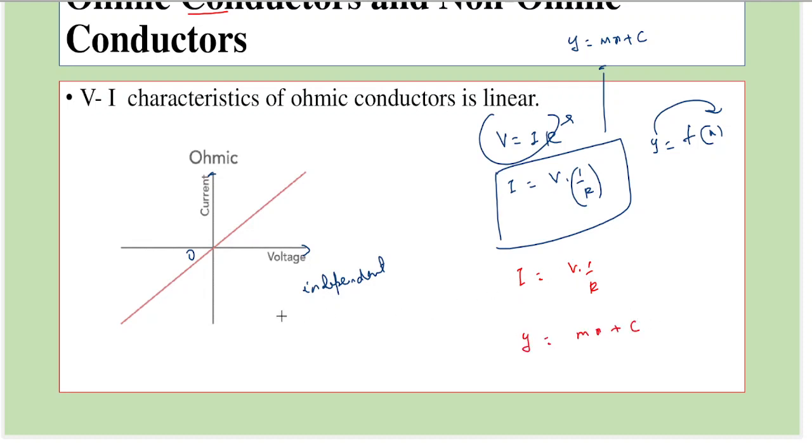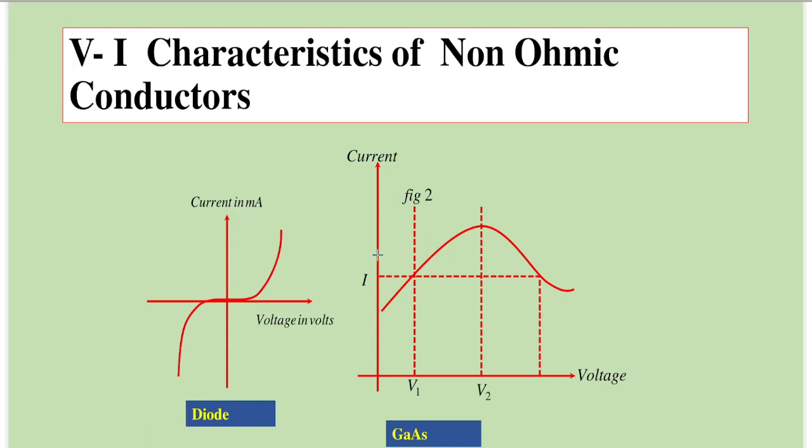Here c is 0, hence the graph will pass through the origin, and m, which is called the slope, is equal to 1 by R. So any device or conductor where a graph of current versus voltage is a straight line is called an ohmic device. Any deviation from this will be called a non-ohmic device, a non-ohmic conductor.